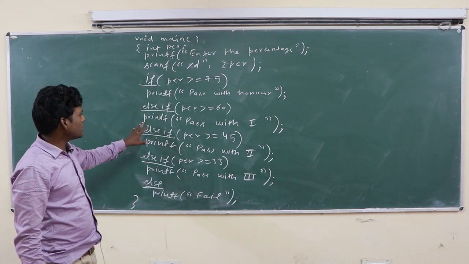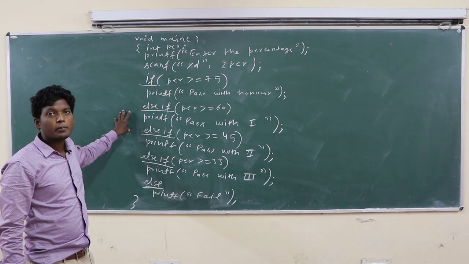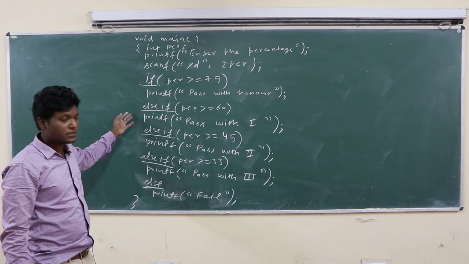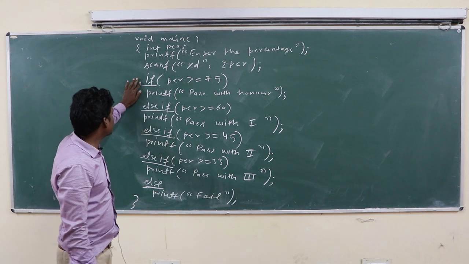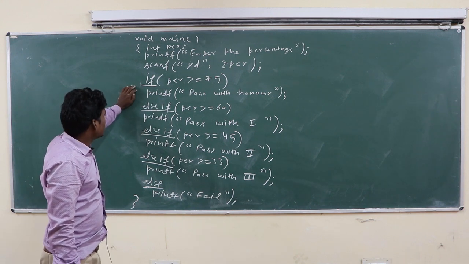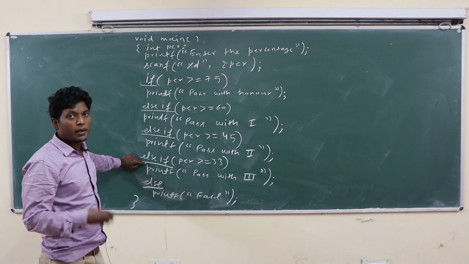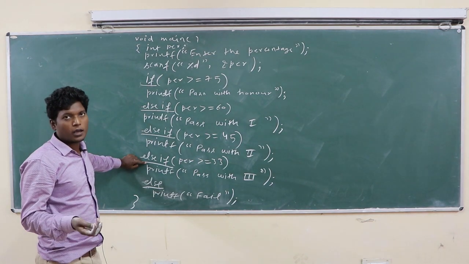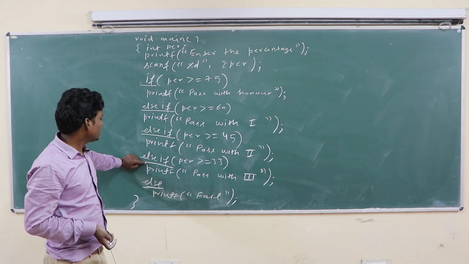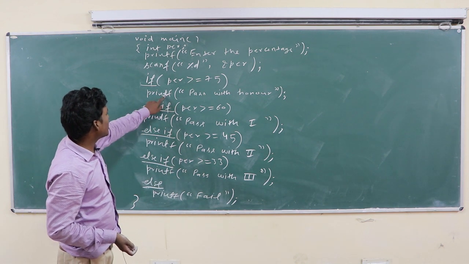So this program follows the syntax that we described just before, okay. So here is else if. It may be many times, depends upon the program, depends upon the problem, okay. So this is the statement.